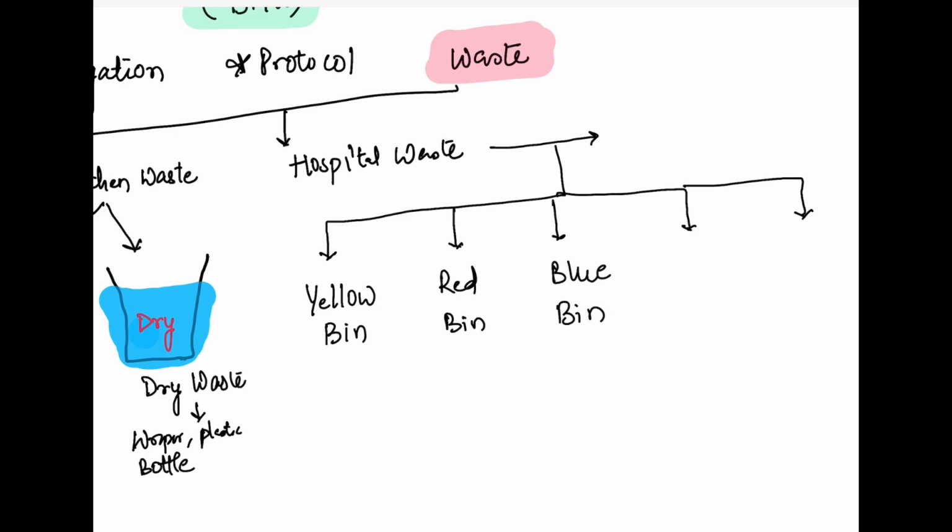The next one is the sharp container, for which we use white. And the last one, which is mostly kept at the bedside of the patients, is the black bin. Let me quickly color them.